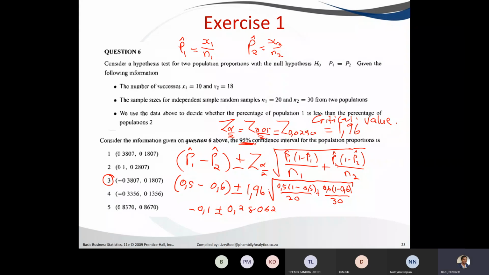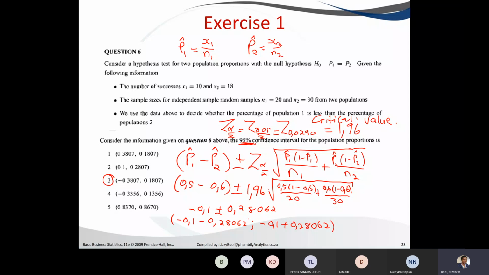If you split it in terms of lower tail, you will say minus 0.1 minus 0.28062. And to get the upper tail area, you will say minus 0.1 plus 0.28062.